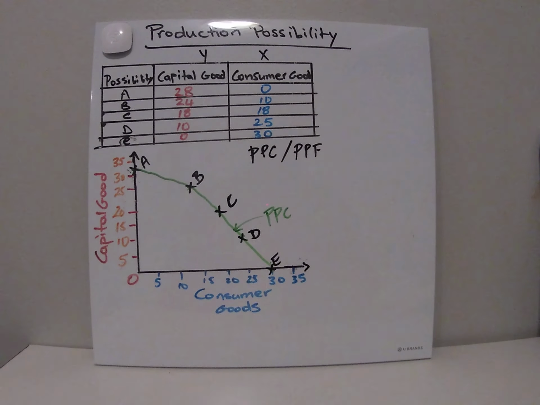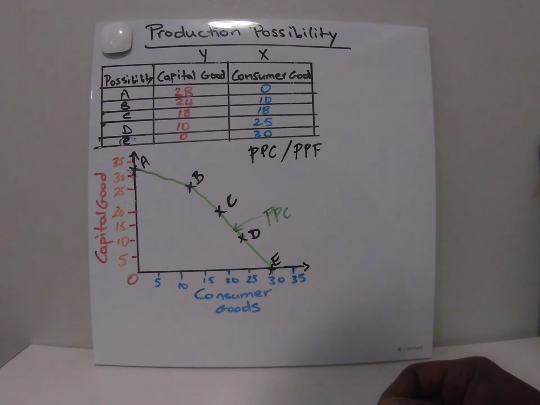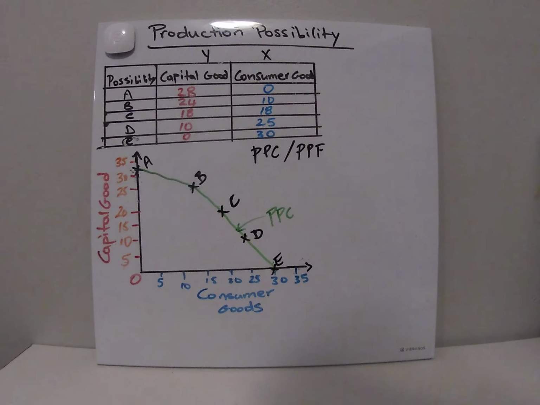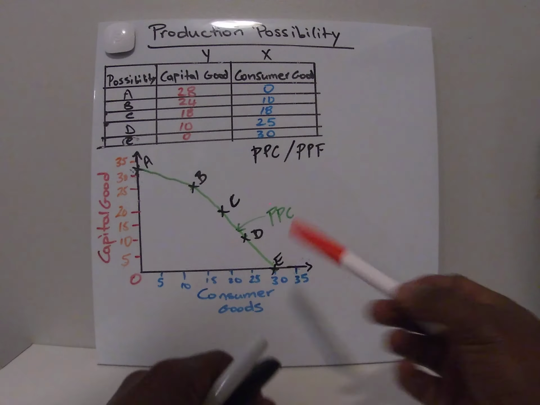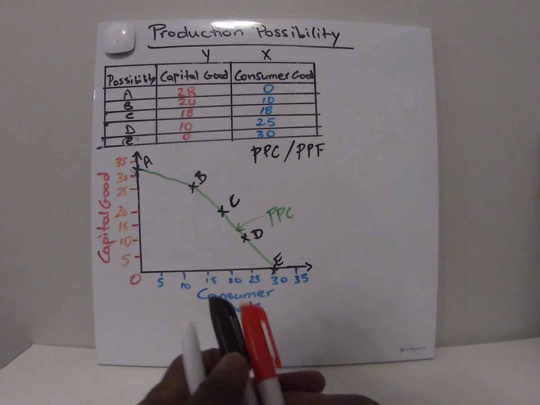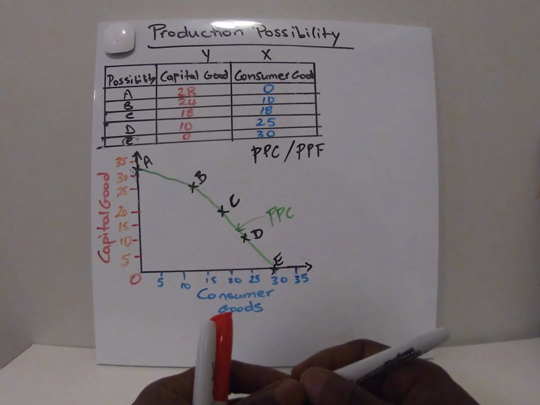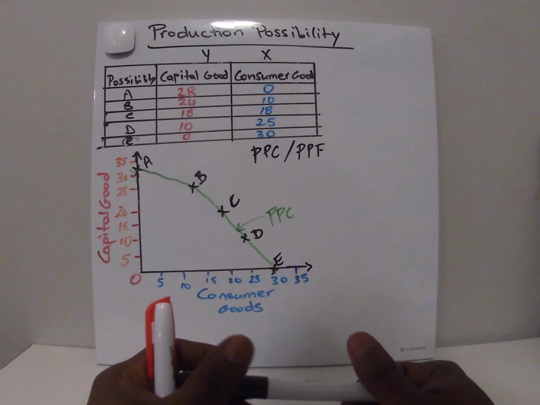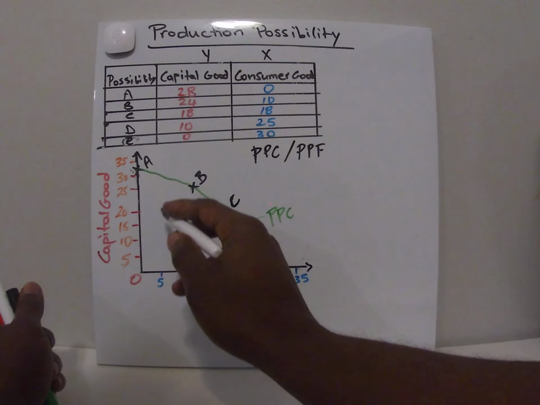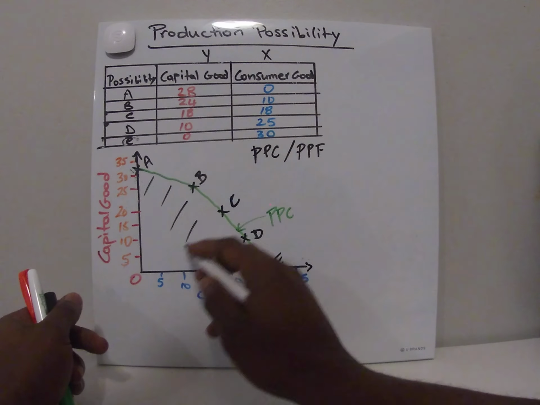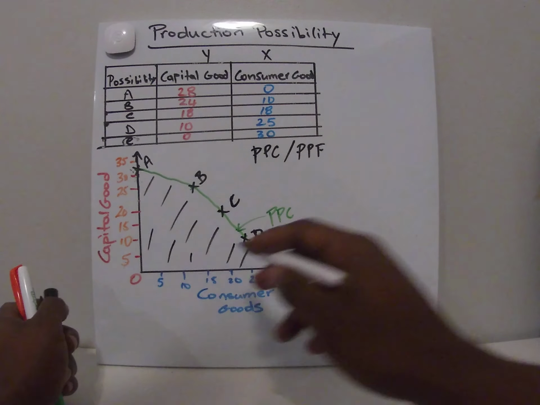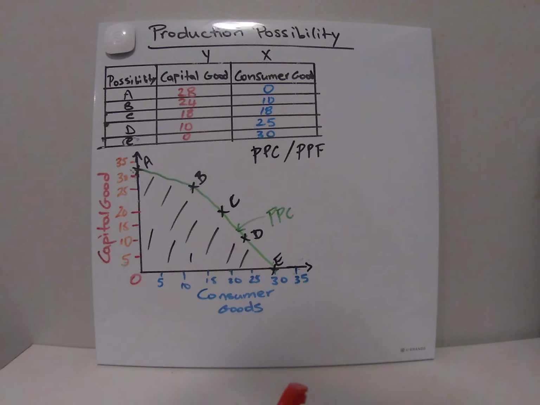All right, so now that we've identified our points, we need to know which points are attainable and which points are unattainable. For the PPC, because we maximize all our resources within that particular economy, everything along the PPC, so any point A, B, C, D, or E, is attainable, and also anything that falls inside the PPC or the PPF curve is also attainable.